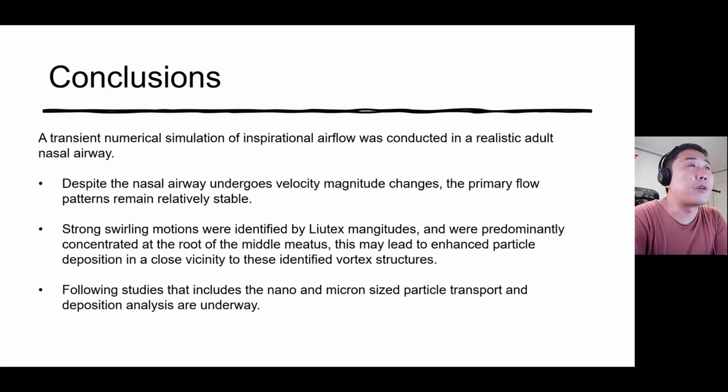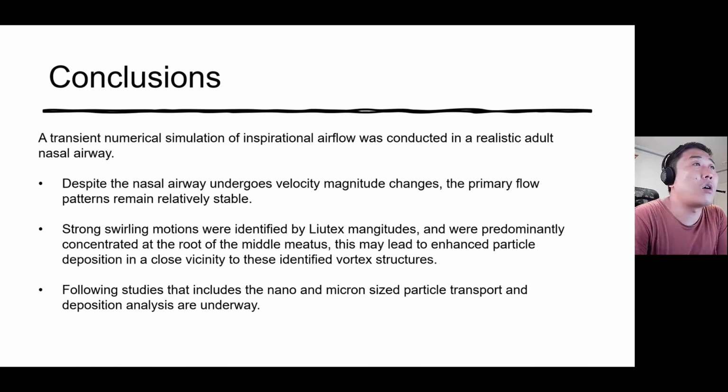This slide concludes this presentation. In this presentation, a transient numerical simulation of inspiratory airflow was conducted in a realistic adult human airway. Our results show that despite the airway undergoing velocity magnitude changes, the primary flow patterns remain relatively stable.